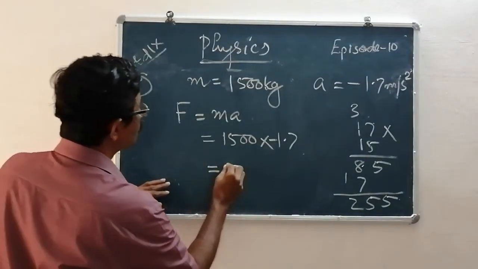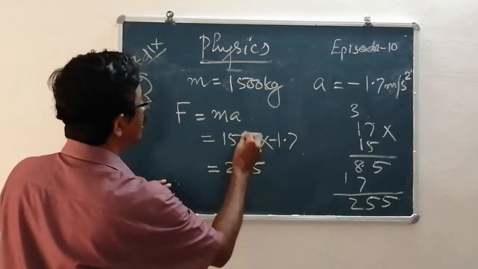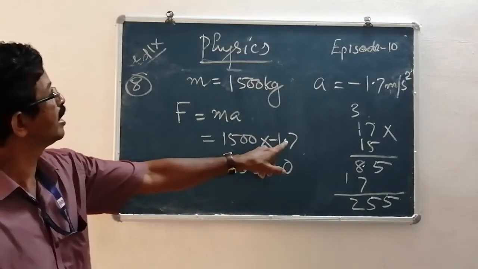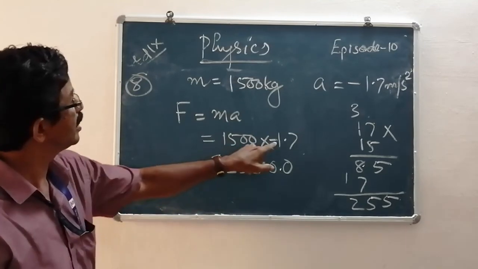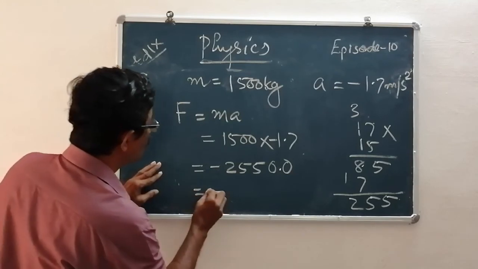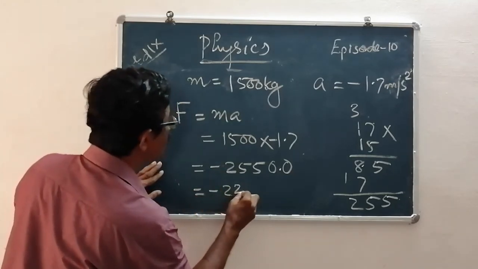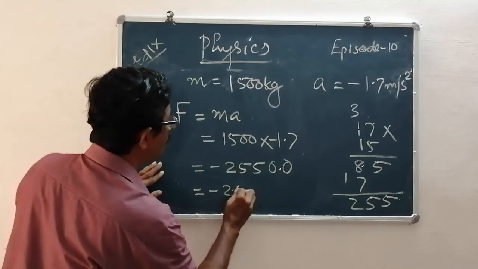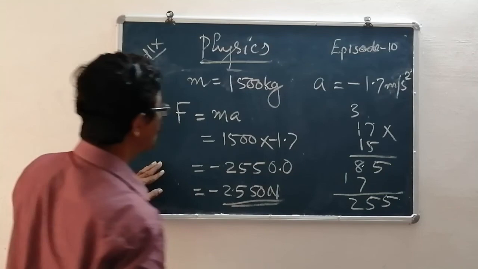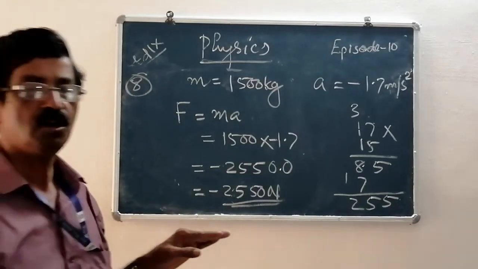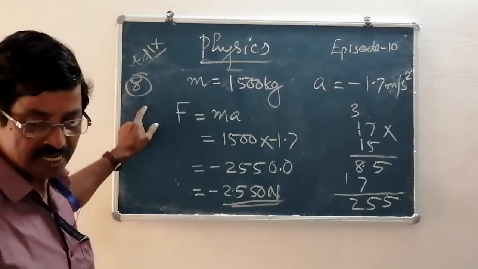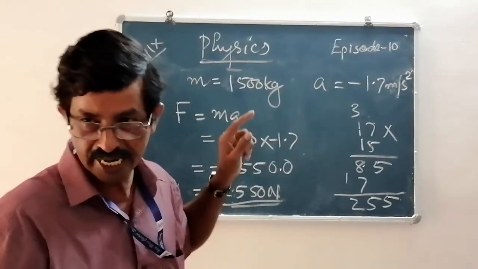That is equal to 2550, and here we give one decimal point and this negative sign also. So that is equal to minus 2,550 Newton, which is in the opposite direction. That much force must be applied in this case.